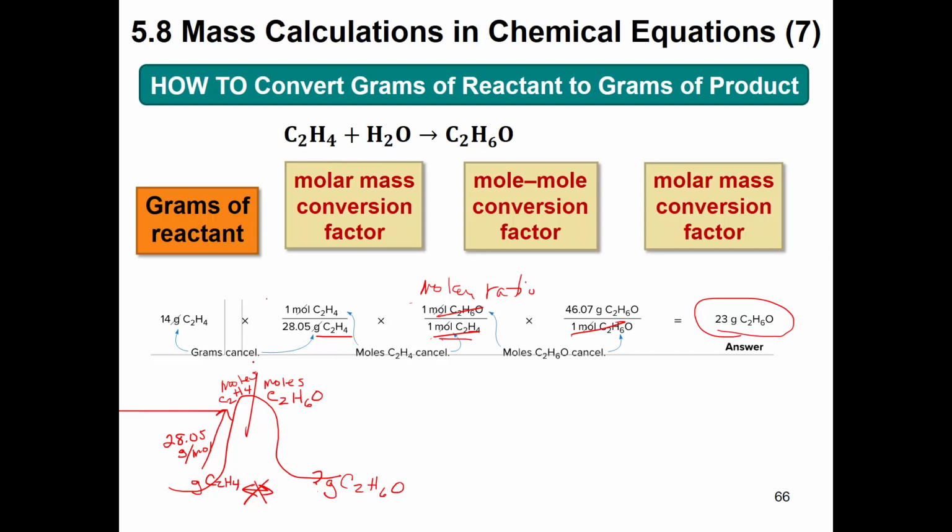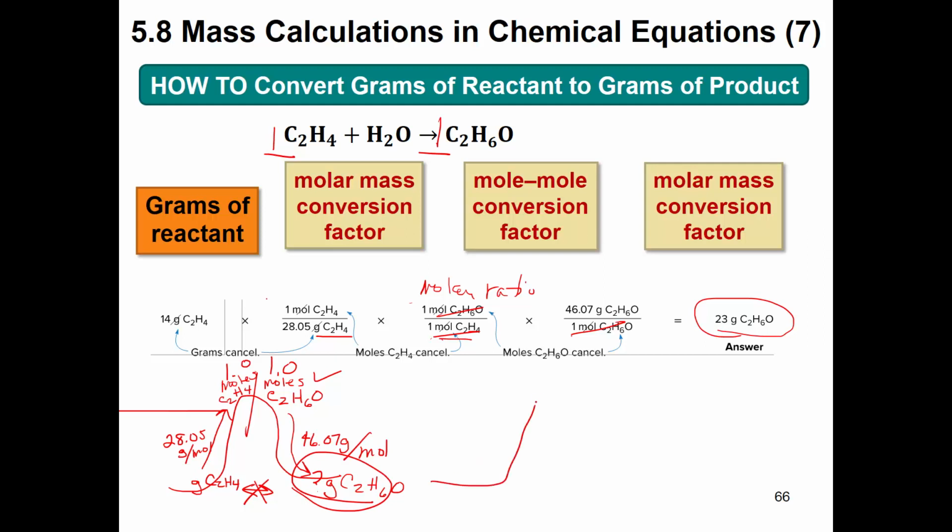Then I use the molar ratio from the balanced chemical equation, which in this case was 1 to 1. 1 mole of C2H4 to 1 mole of C2H6O, and then that gives me moles of C2H6O. And then in order to get grams of C2H6O, I use the formula weight of that, which is 46.07 grams per mole. And then I have grams.